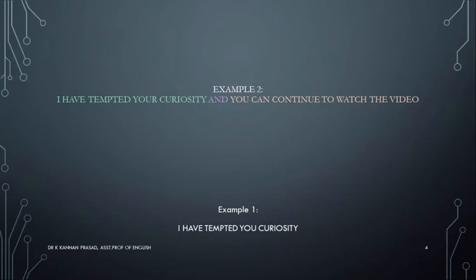I have tempted your curiosity is the first clause. You can continue to watch the video is the second clause. Both the clauses are put together using the word and to form one sentence. Also, in the first example, I have tempted your curiosity can be considered as both clause and a sentence.